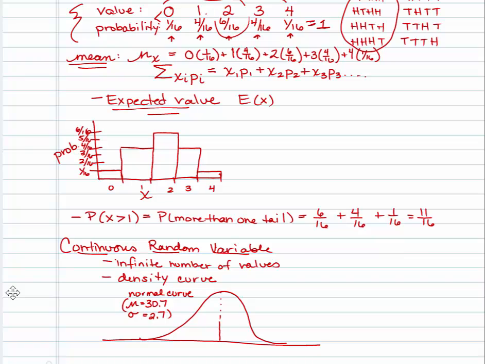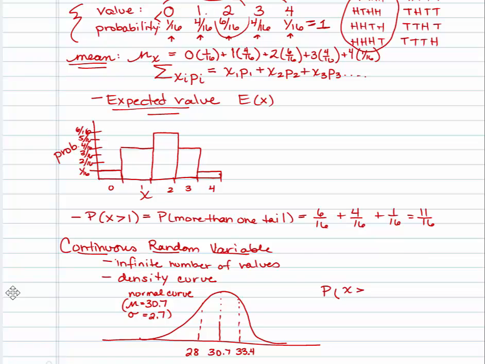You can build where things lie, 30.7 here, and then up 1 and down 1 would be 1 standard deviation, up and down. So down 2.7 would be like 28, and up would be 33.4, something like that.